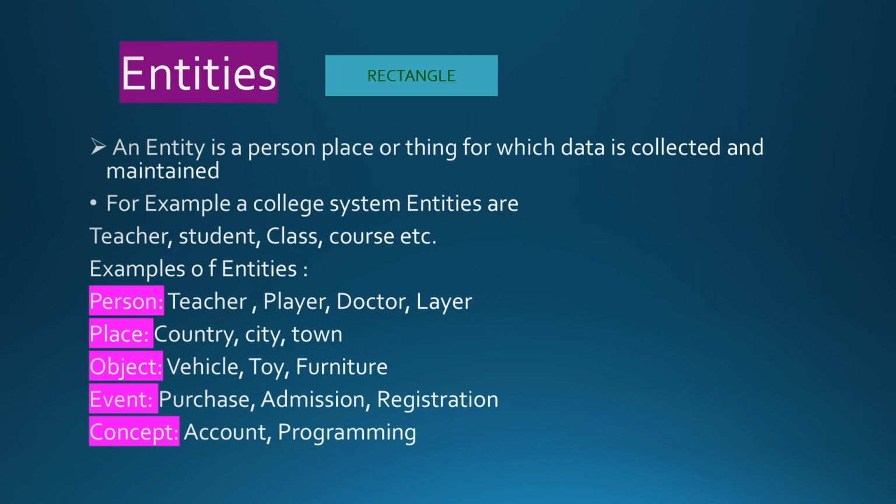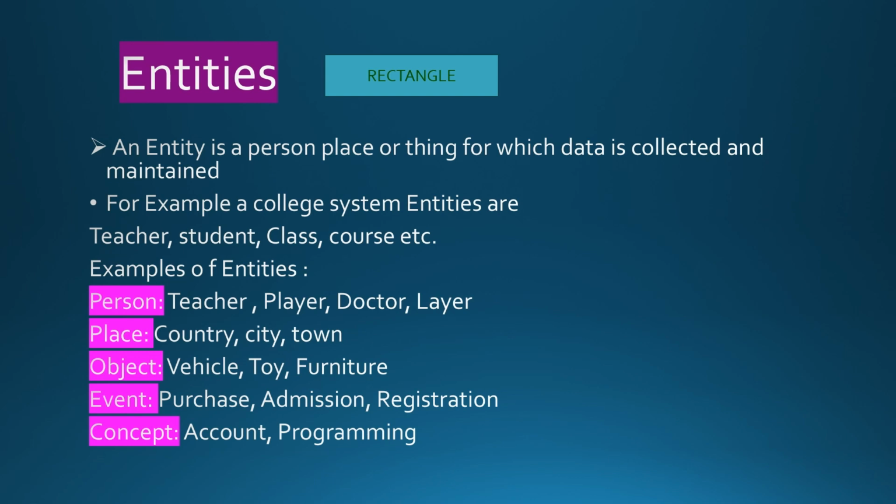There are many examples of entities: person, place, object, event, concept. If we talk about person, teacher, player, doctor, lawyer, etc., all these fall in entities of person. And place: country, city, town, these are different places.